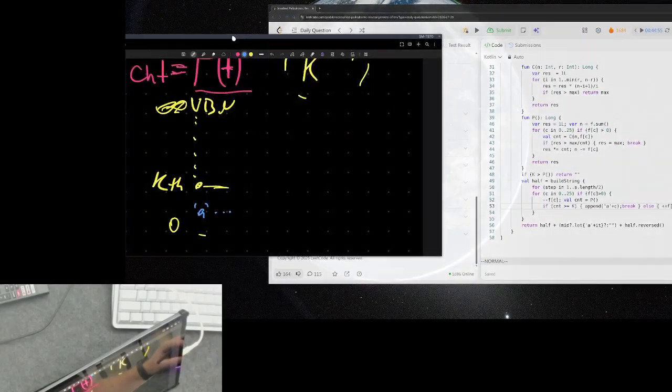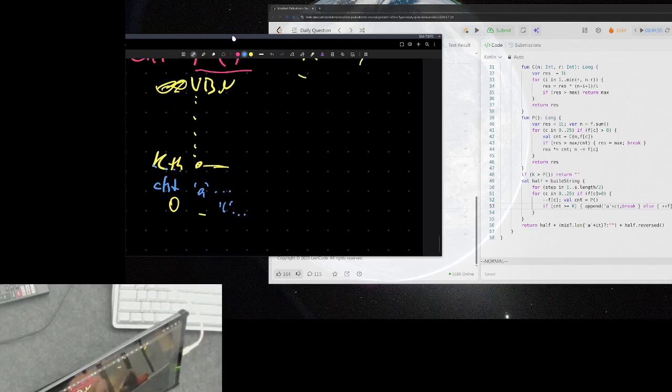So if your count is less than k, then you try b, and so on. This is where I made a mistake. Basically, I assumed that I should be inside from 0 to k, but it wasn't the case.